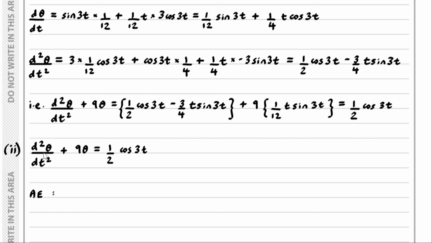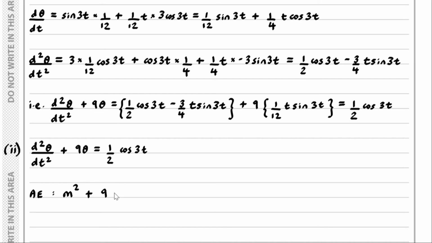The coefficient of m squared is the coefficient of the second derivative, which is 1. So I've got 1m squared, and then the coefficient of m is the coefficient of the first derivative, which is 0. And then the constant term will be the coefficient of theta.